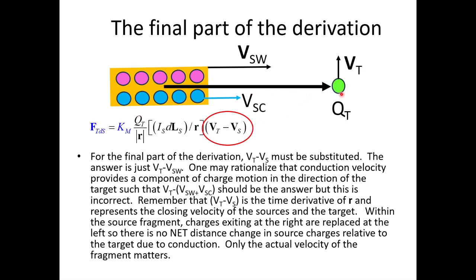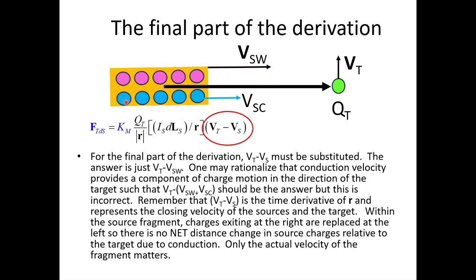This is a derivative of the vector r. And I've shown the diagram in this because in this case, the conduction charges have a velocity, and so you would think that their velocity makes them close faster with the target than the stationary charges. Okay, but that is where a mistake would occur. What's happening is you have to remember this is part of a much bigger loop. There's a fragment off to the left and a fragment off to the right.